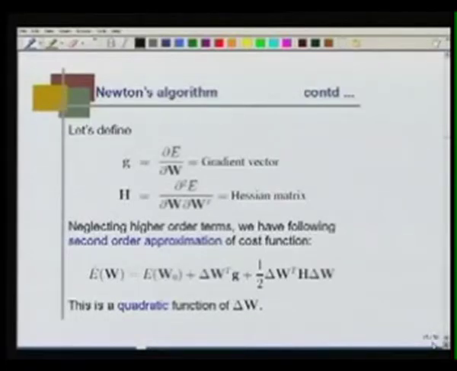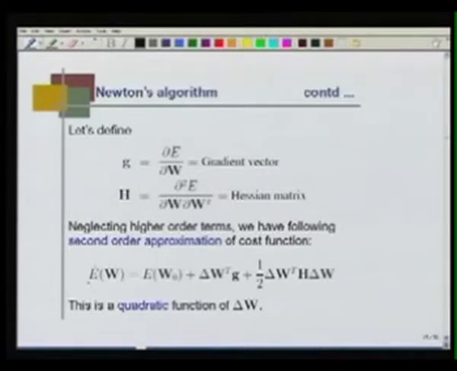Let us define G as del E upon del W, the gradient vector, and the Hessian matrix defined as H, which is dou square E upon dou W dou W transpose. Neglecting higher order terms, we have the following second order approximation of the cost function.